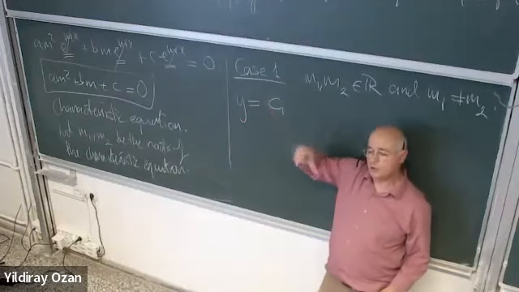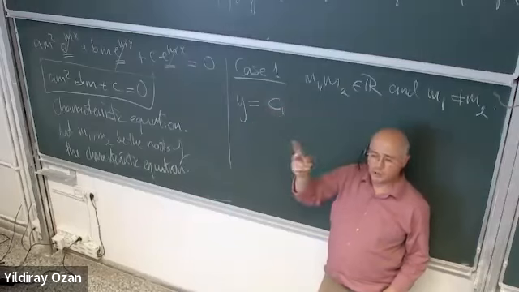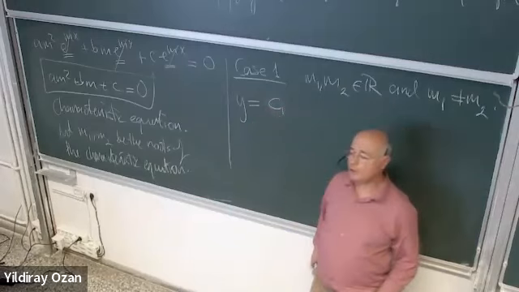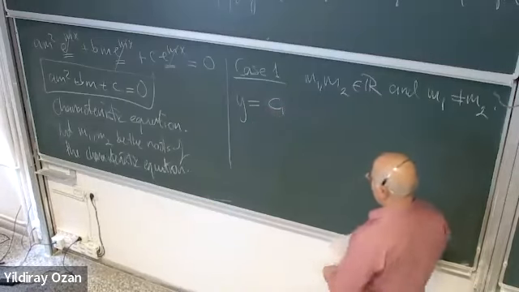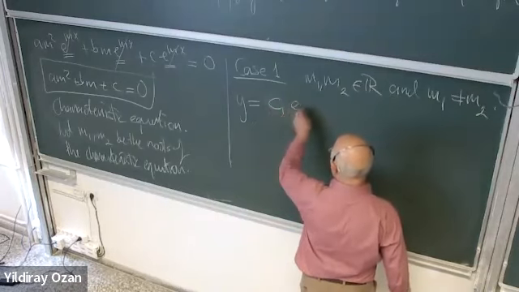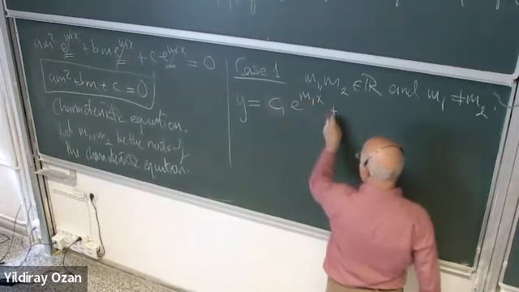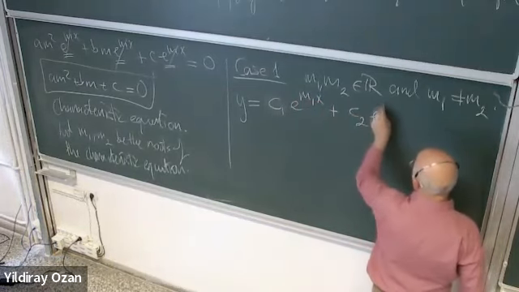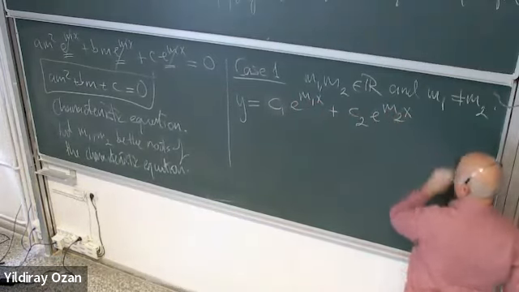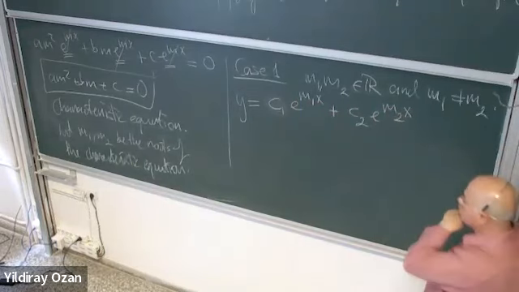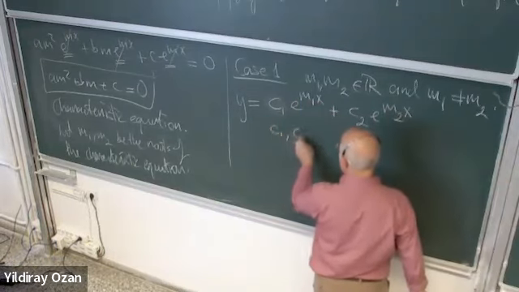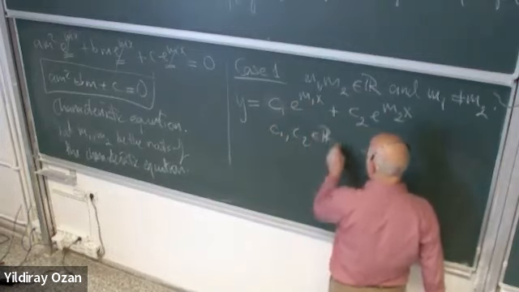And since you integrate twice, you should expect 2 arbitrary constants. And indeed, the solution becomes just this: c1 times e to the power m1x plus c2 times e to the power m2x. Okay, so this becomes the solution. c1, c2 are just real numbers.